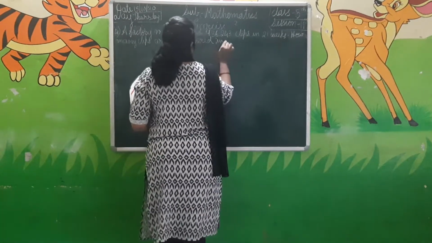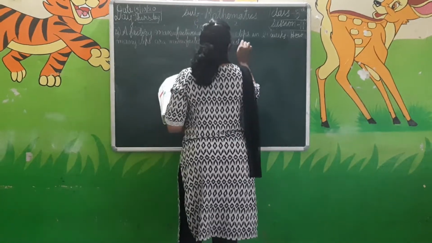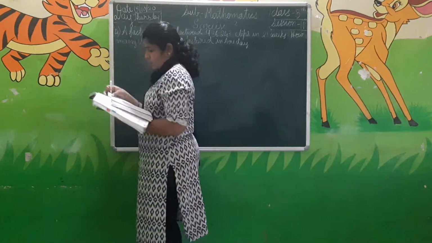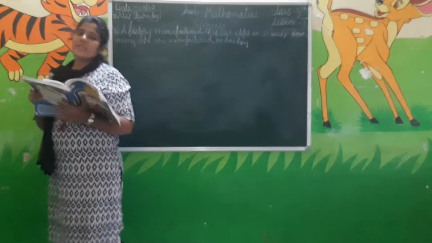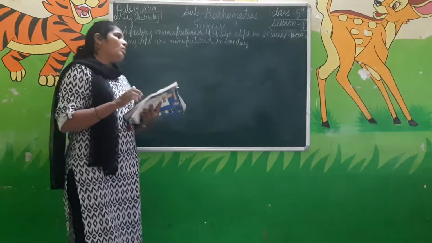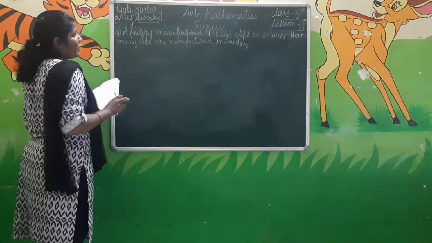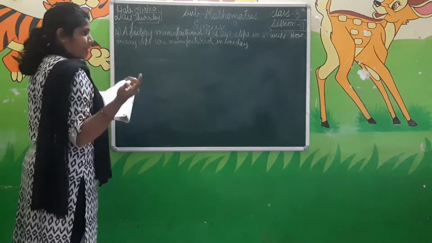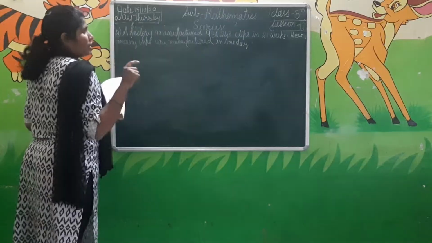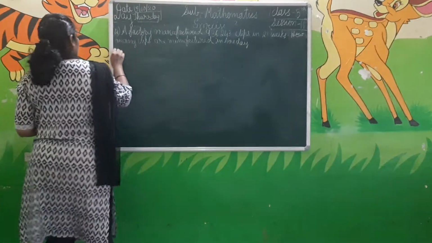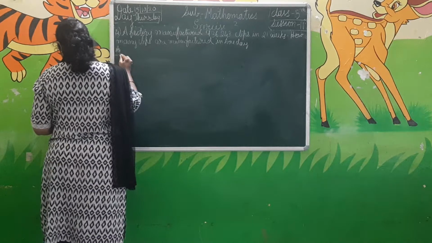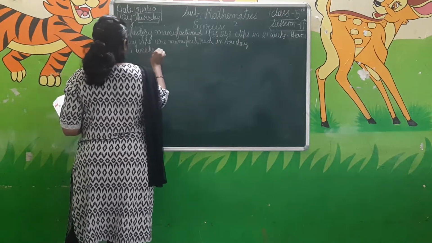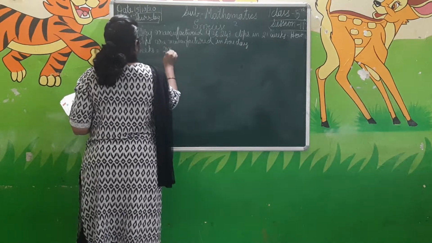in 1 day? First, you have to find out in 21 weeks how many days there are. Because they have given it in weeks and they have asked to find it in days, we have to turn those weeks into days now. 21 weeks is equal to 21 into how many days are in a week?